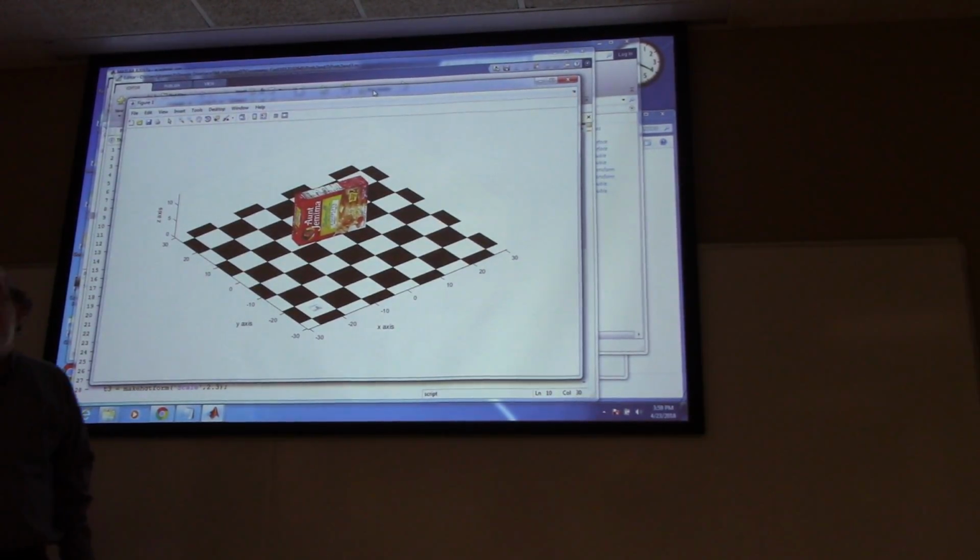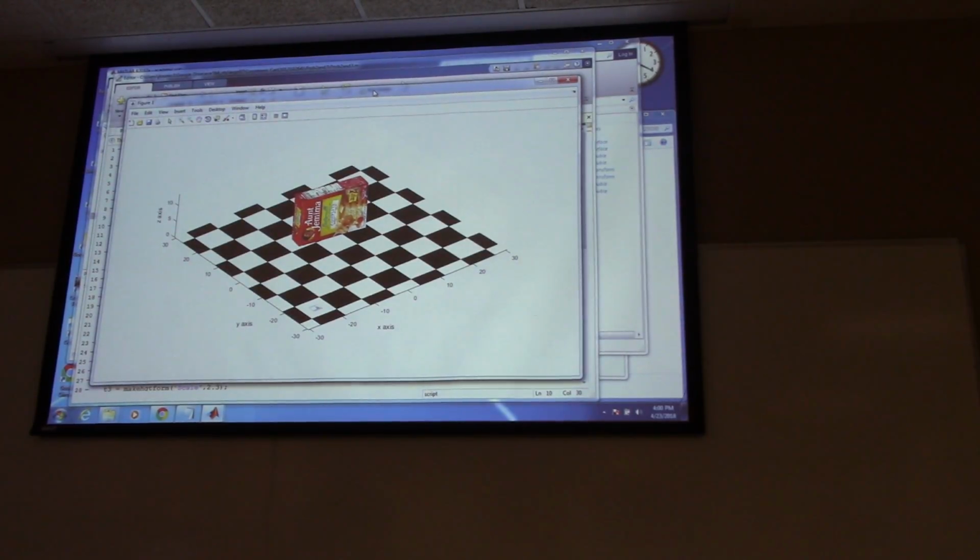Okay, if you stop here, a couple of things you can note. Where does the vanishing point look like it is?